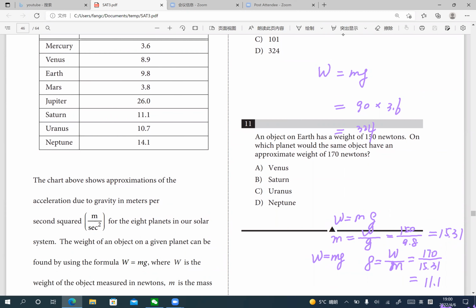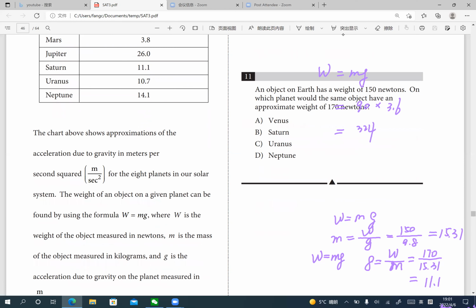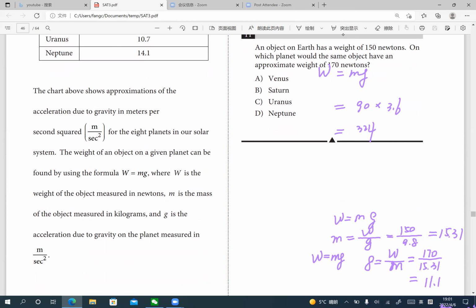The weight of an object on a given planet can be found by using the formula W equals mg, where W is the weight of the object measured in newtons, m is the mass of the object measured in kilograms, and g is the acceleration due to gravity on the planet measured in meters per second squared.